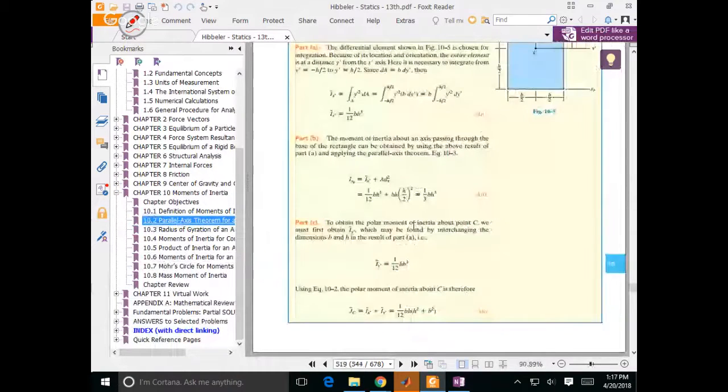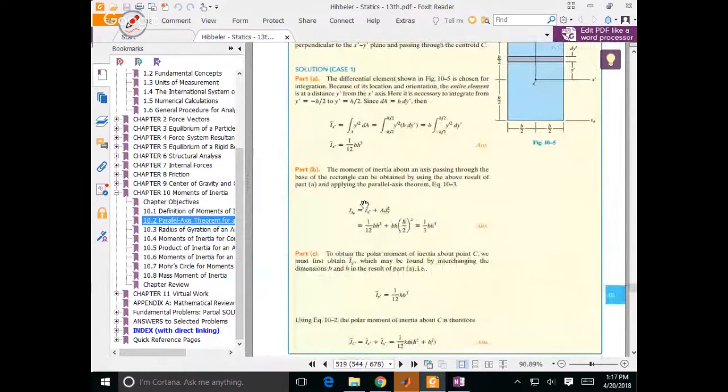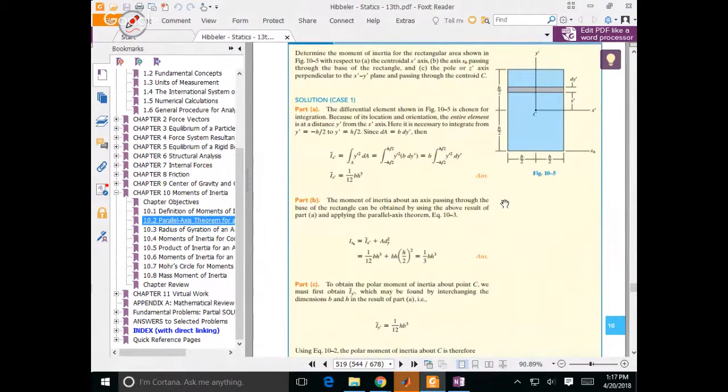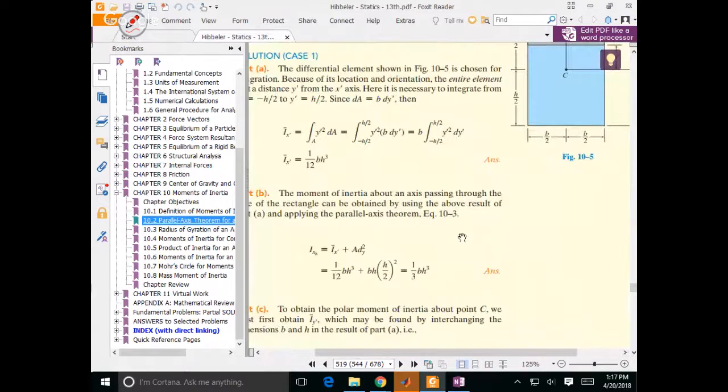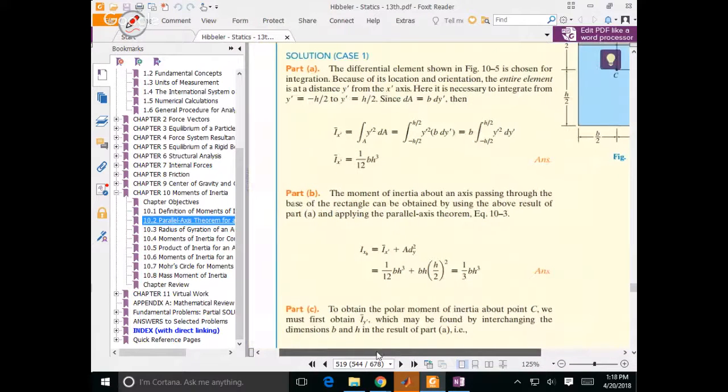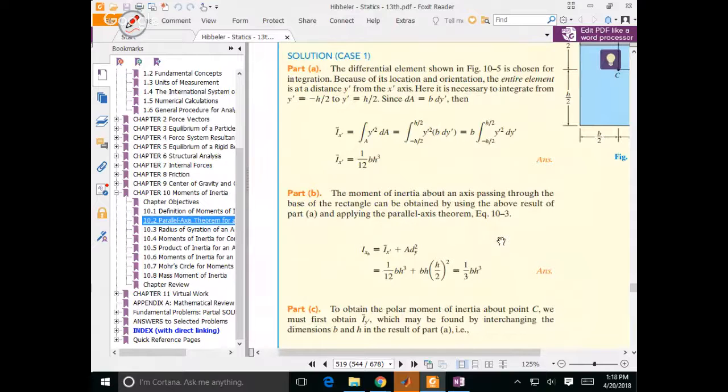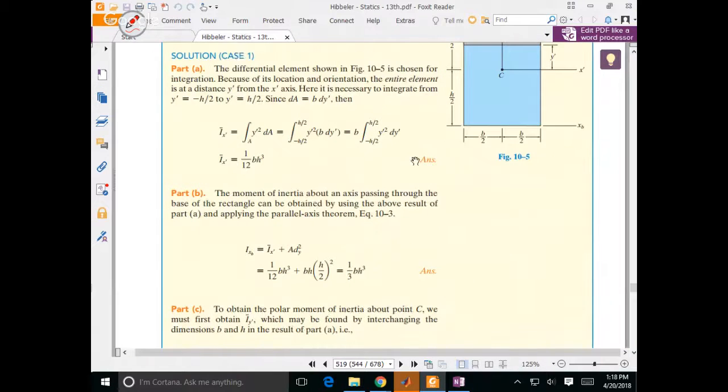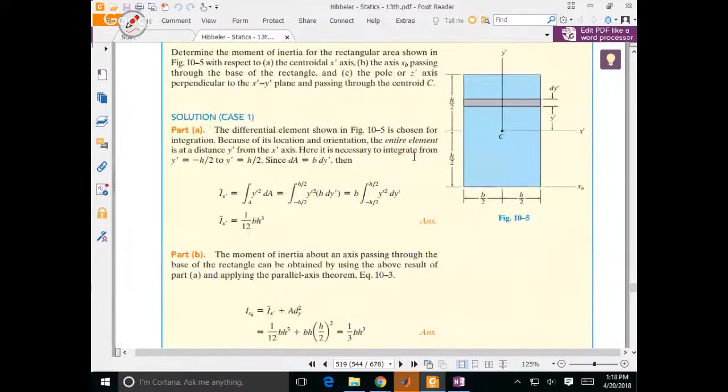So if you look at this, he ends up with the 1/12 base times height. Then what he says, and this is an important part right here, and we'll compare this to something in a minute. He says he wants to know the moment of inertia about the base of the triangle. And so here we found this one about here.